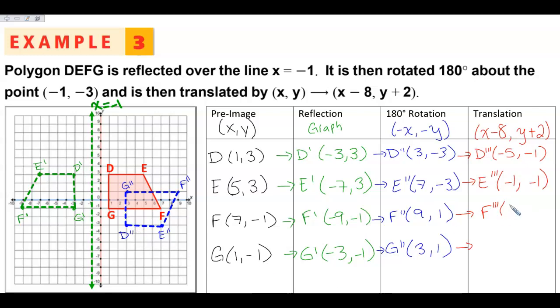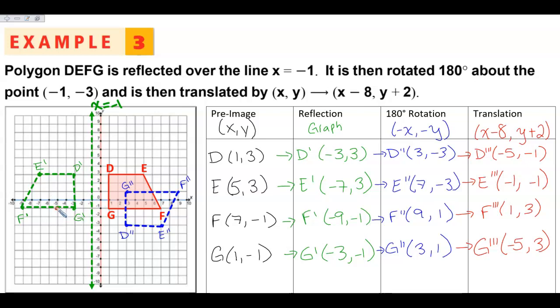All right, so F triple prime, 9 minus 8 is a +1. 1 plus 2 is 3. And G triple prime, 3 minus 8 is going to be -5. 1 plus 2 is 3. So then we're going to go ahead and graph these points. All right, so we have -5, -1.